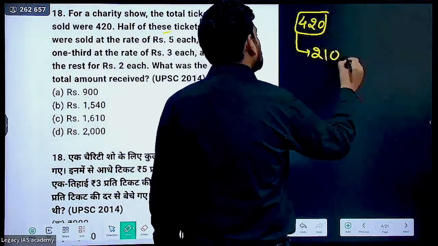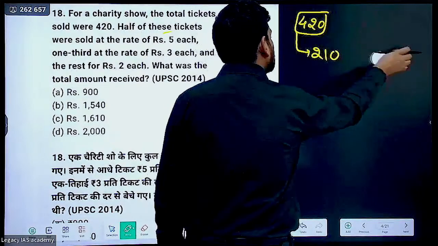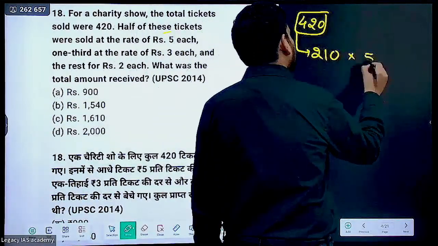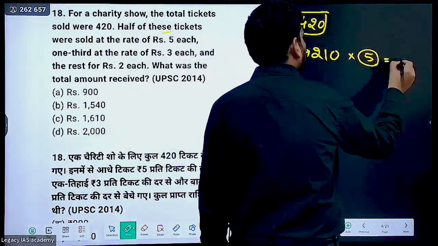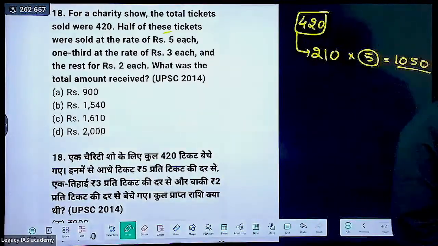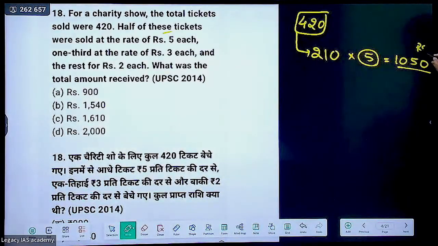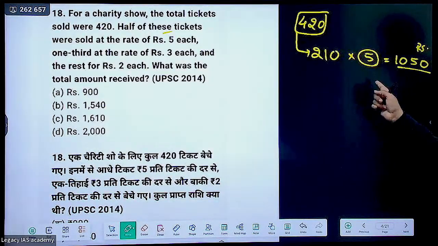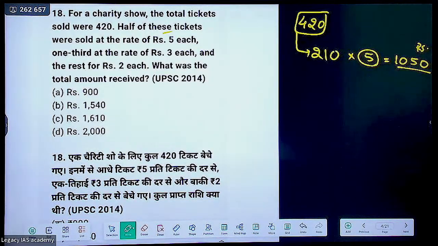Now these 210 tickets are sold at 5 rupees. So 210 into 5, that is 1050. This is the amount of money that whoever is selling the ticket will get by selling 5 rupee tickets.